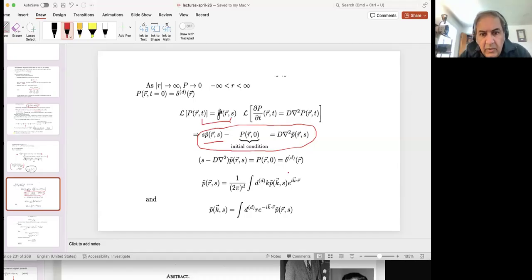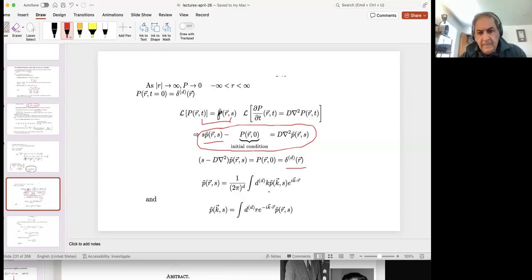So, yes. Now you can write s minus del square of P tilde is the delta function, because the P of r and 0 is just that the particle exists at position r at 0 time. That's your initial condition. So therefore, you have this on the right side, which means that P tilde r,s can be thought of as the following.